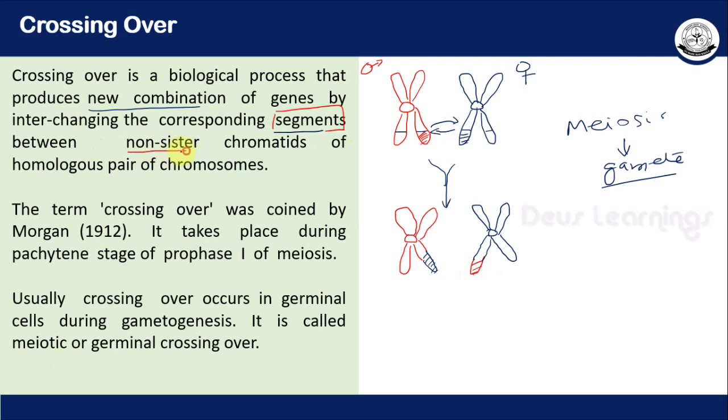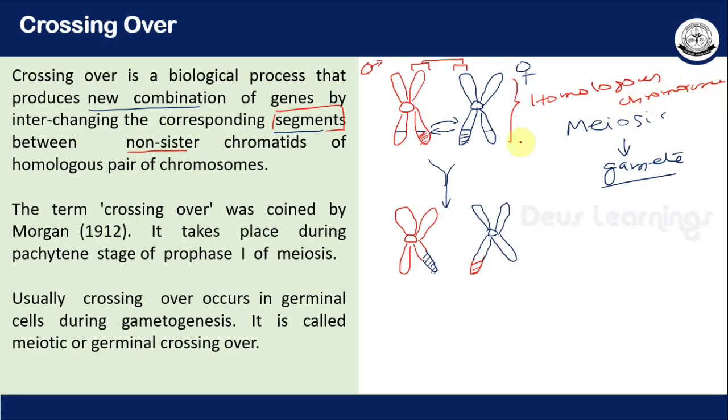between non-sister chromatids. I already told you in previous video chapters that chromatids which share the centromere we call sister chromatids, and when we talk about a homologous pair, we call these two non-sister chromatids of the homologous chromosomes.